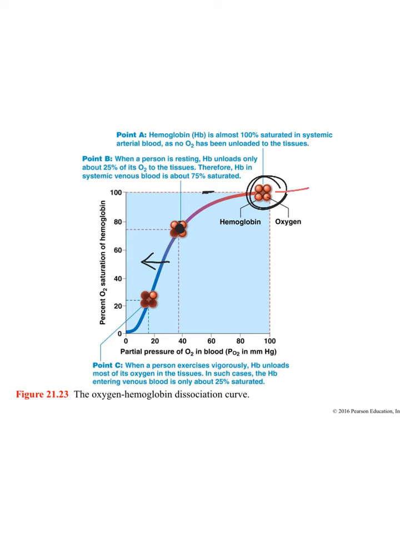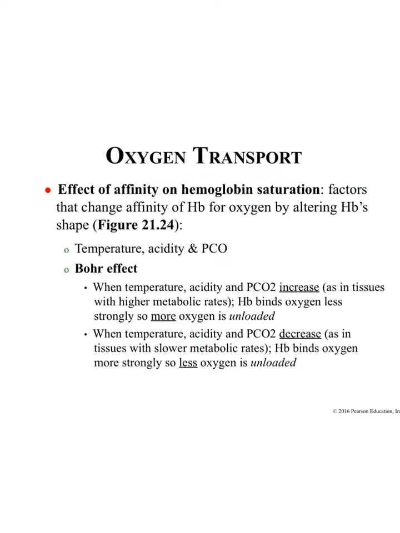Again, fully saturated is when each of the 4 hemes for each hemoglobin is able to bind to oxygen. At rest, we don't have to have it fully saturated, only about 75. And of course, the more that you need oxygen, the more that it's going to unload and the less saturated your hemoglobin is going to be.